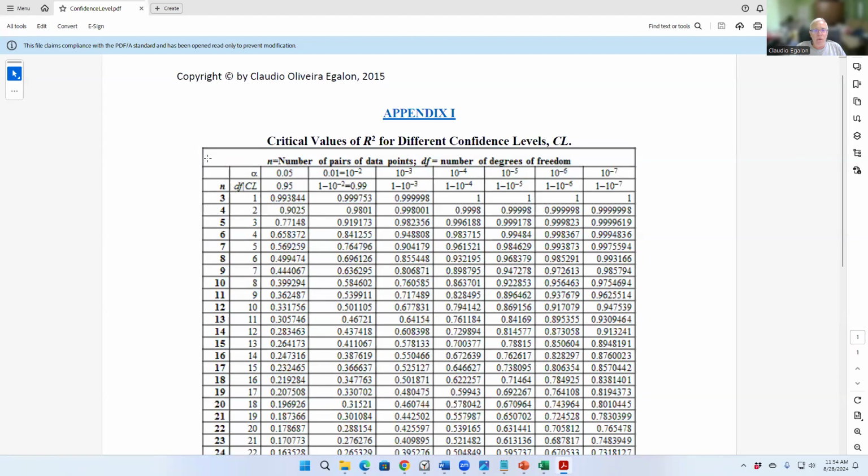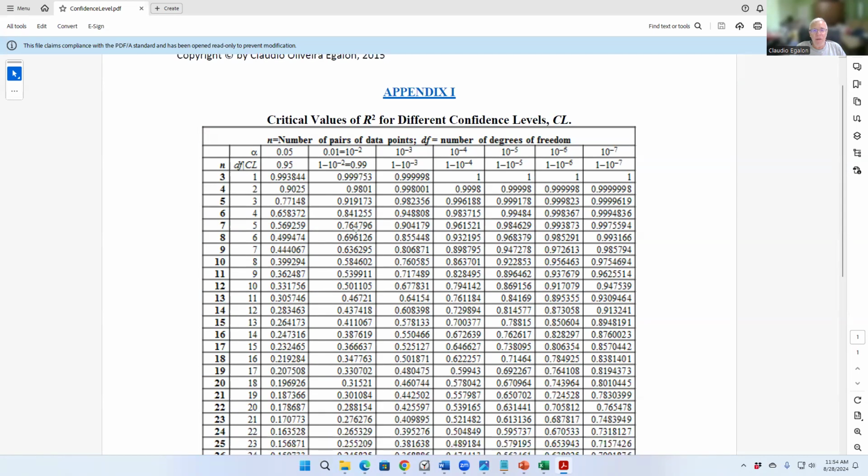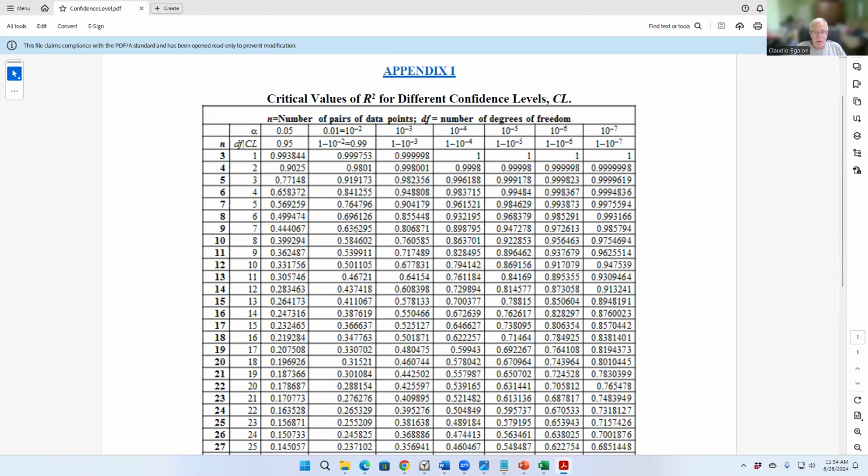I was able to derive the equation that allows me to generate this table. It took me quite a while to do that, but it was fun. And what you see here you're not going to find anywhere else, unless they are copying my table.